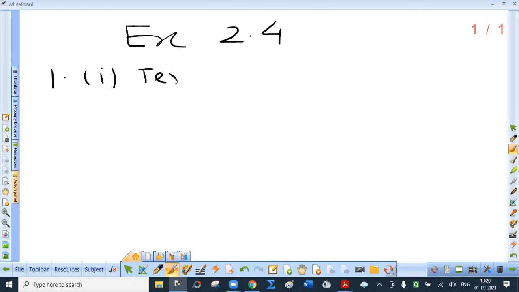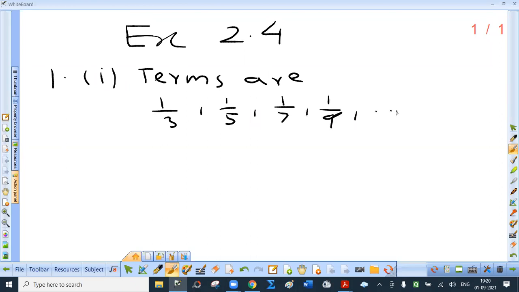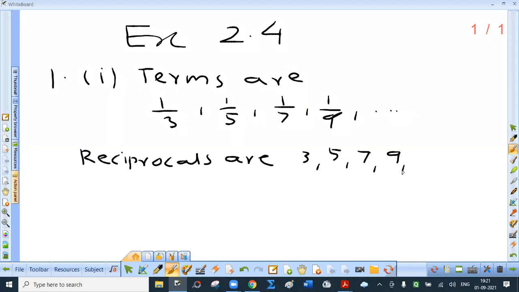Terms of the given sequence are 1 upon 3, 1 upon 5, 1 upon 7, 1 upon 9, etc. Reciprocals are, write down, see, presentation is important, reciprocals are 3, 5, 7, 9.